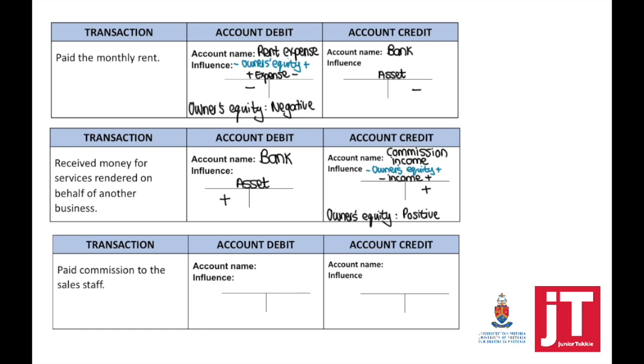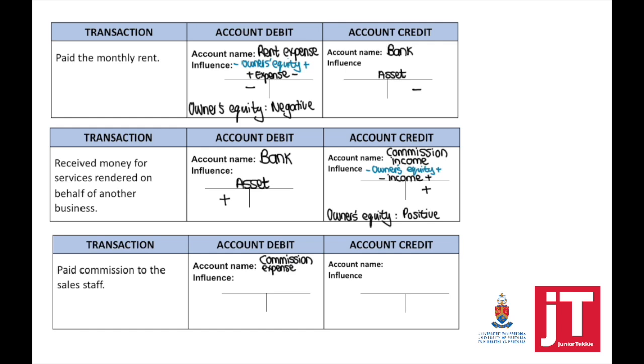Paid commission to the sales staff. So we've spoken about this before in the previous activities, and that's why you have to be specific. When we pay commission to our sales staff, it means that the more sales that our employees got that month, the more income they're going to earn. And that payment that we make towards our employees is regarded as commission expense.